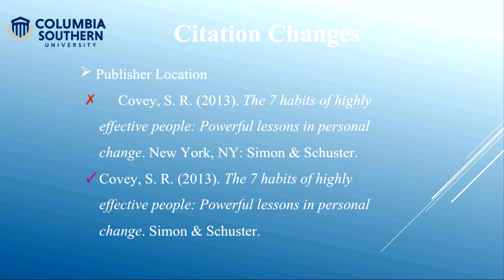You can see on the slide, the first example is in the 6th edition format, and the bottom example with the check mark by it is in the new 7th edition format. And you'll notice the difference is New York, New York is not included in the bottom citation.